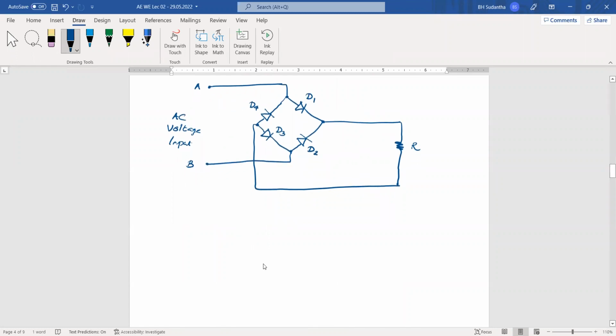In some circuits you can see it simply without drawing this bridge. The bridge is shown like this. And this is the positive terminal, where voltage is coming out, and this is the negative terminal. And these are the two input points.